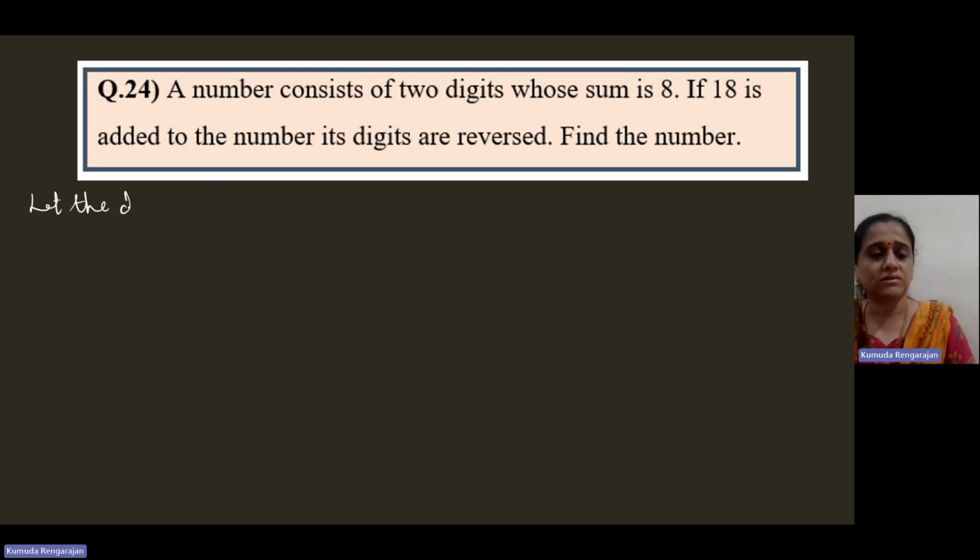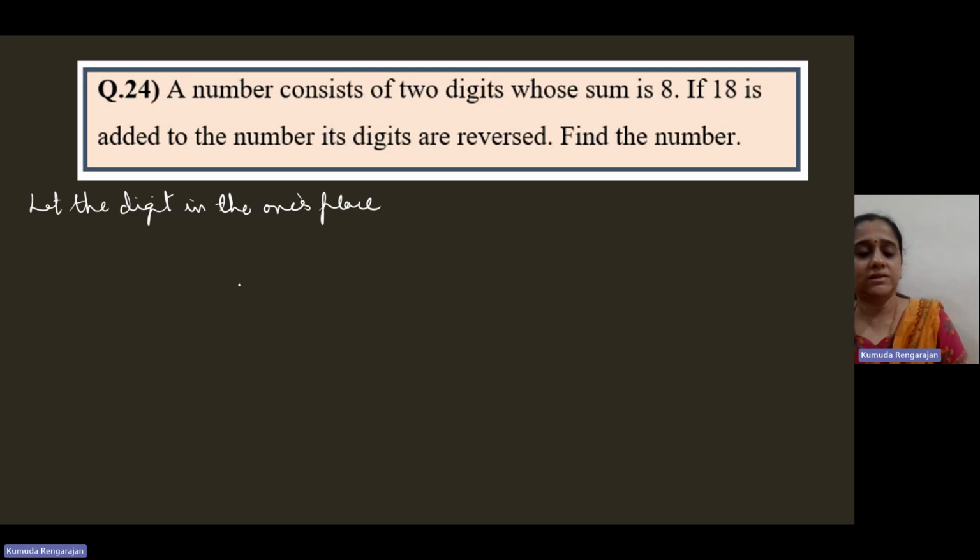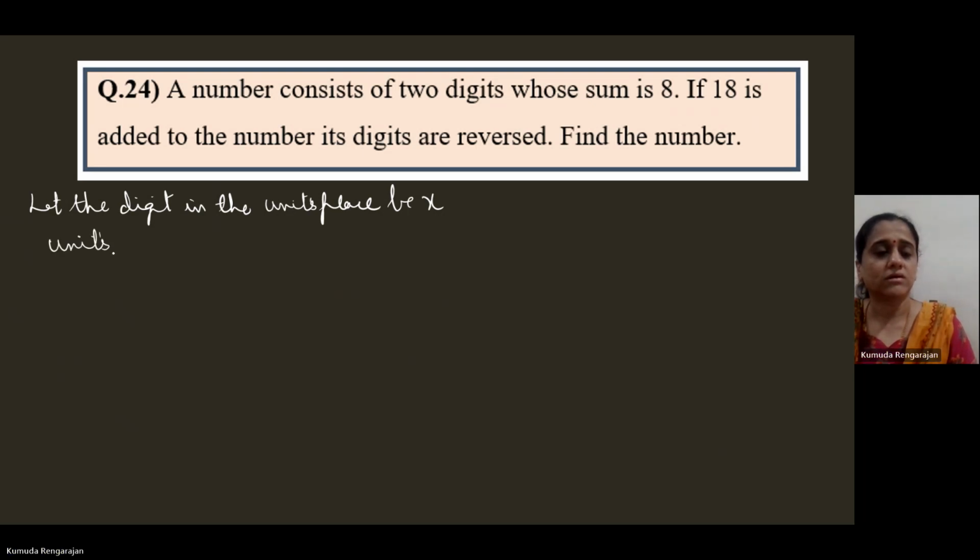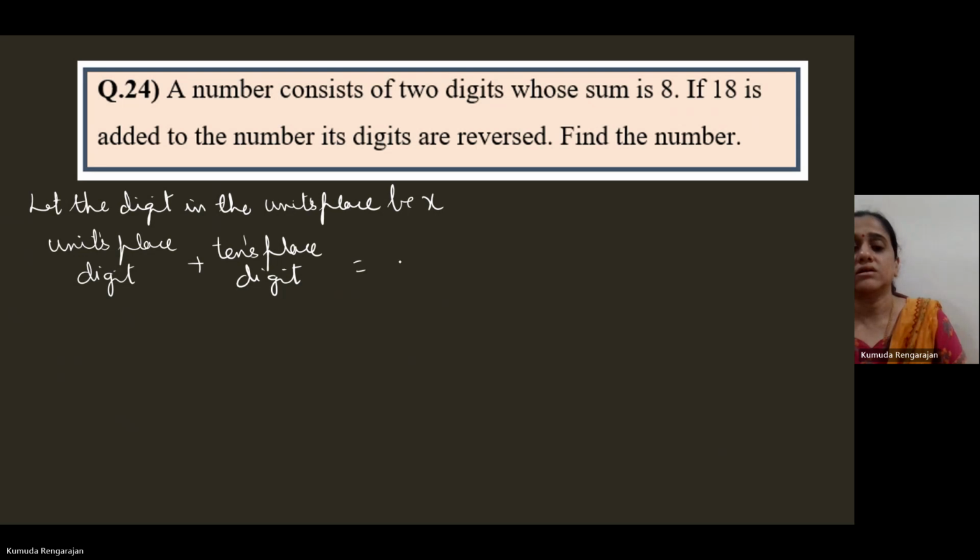Let the digit in the ones place, or the units place, be x. Now, units place digit plus tens place digit is equal to how much, children? 8.